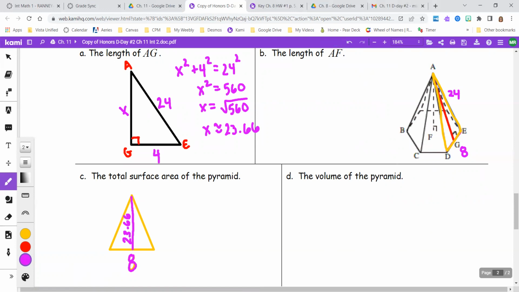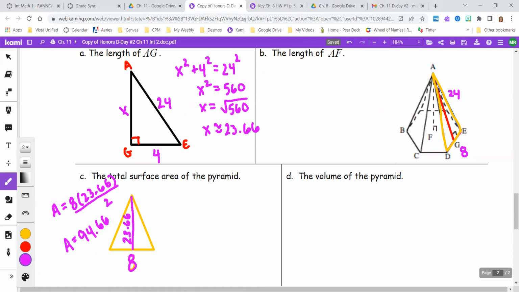So if I'm going to find the area of this triangle, I'm going to take my base, which is 8, times the height, which is 23.66, divide it by 2. So let me just put that in my calculator. I'm keeping it in as the actual value. So I ended up with a 94 point, let's say 66, for the area of one of those triangles.